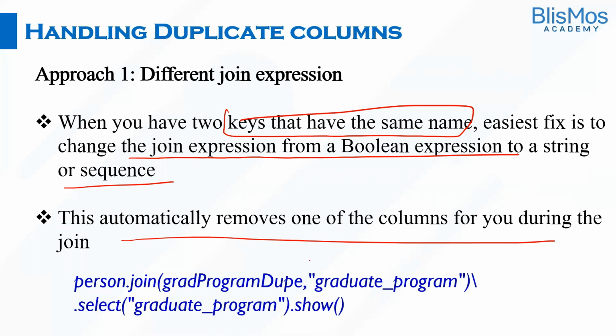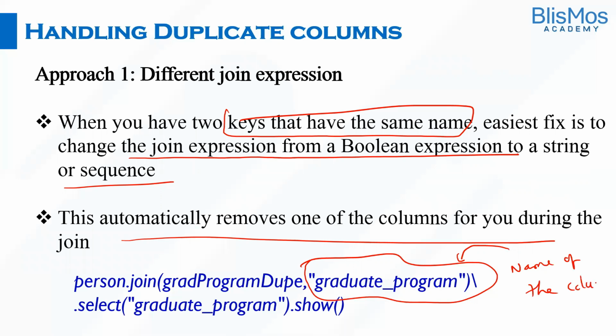For example, here instead of specifying the join expression, we are specifying the name of the column which is duplicate. That automatically fixes the duplicate columns.